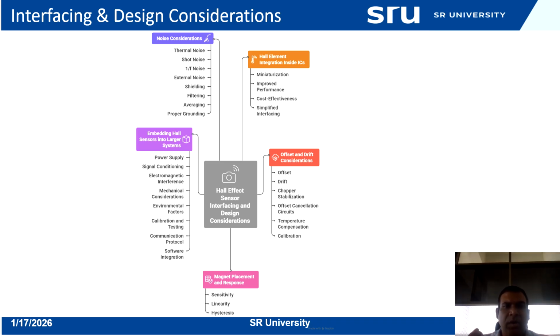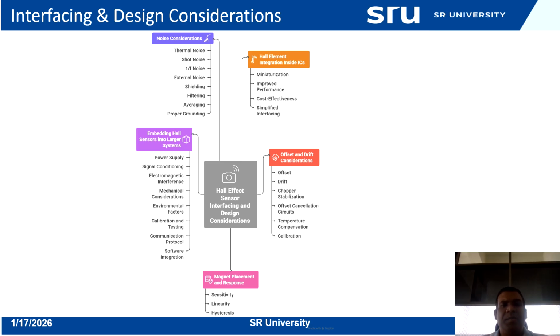That is called miniaturization. Then improved performance. What is improved performance? The on-chip signal conditioning can compensate for temperature drift, offset voltage and other non-ideal behavior of the circuit, resulting in more accurate and stable measurement.